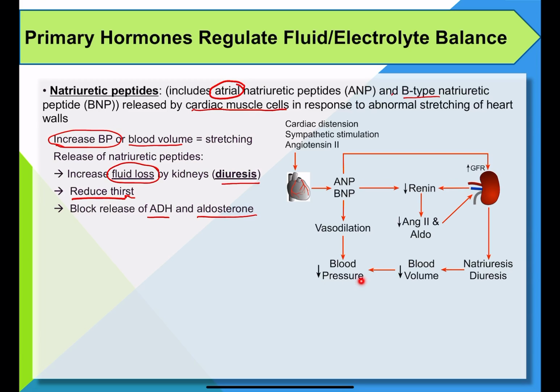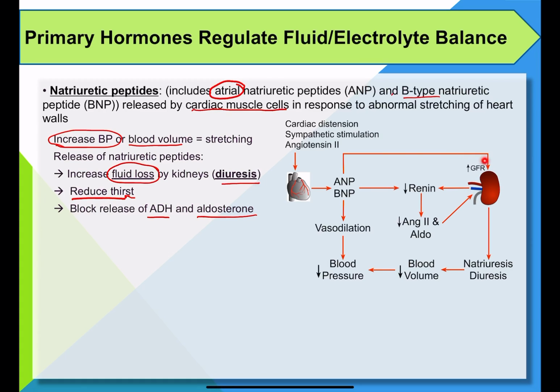It will also decrease the amount of renin that's produced, which decreases angiotensin and aldosterone, which all leads to decreased sodium ion reabsorption, which then leads to less water reabsorption, decreased blood volume, and brings blood pressure back down. The other thing that ANP and BNP do is increase GFR.